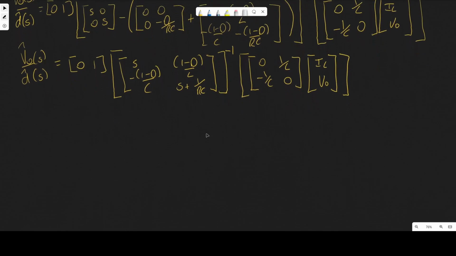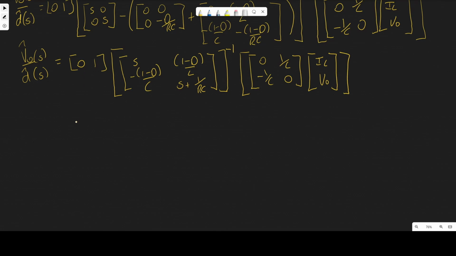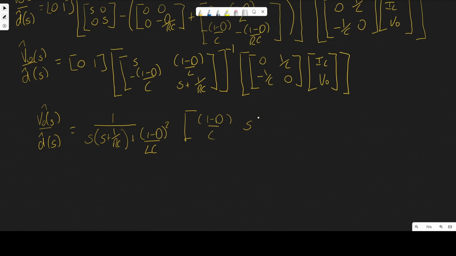Now if we take the inverse and multiply with the C matrix, we end up with V out, so that would be 1 over s plus 1 over RC plus 1 minus D squared over LC, multiplied by the matrix 1 minus D over C, s, and multiplied by 0, 1 over C, 1 over L, 0, and the steady states IL and V out.